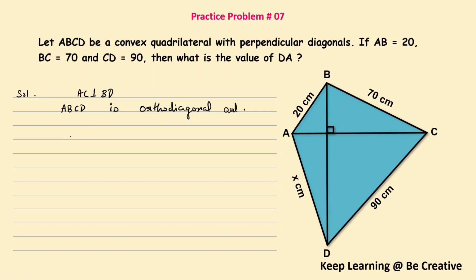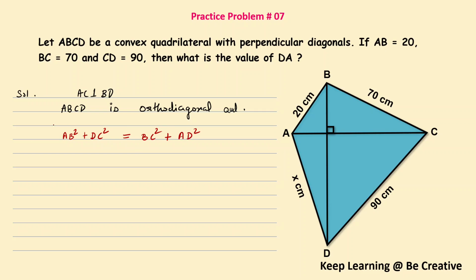The property related to this says that if the diagonals are perpendicular in a quadrilateral, then the sum of the squares of the opposite sides is equal to the sum of the squares of the remaining two opposite sides. If we take AB, then the opposite side to it is CD, so AB square plus DC square is equal to BC square plus AD square.